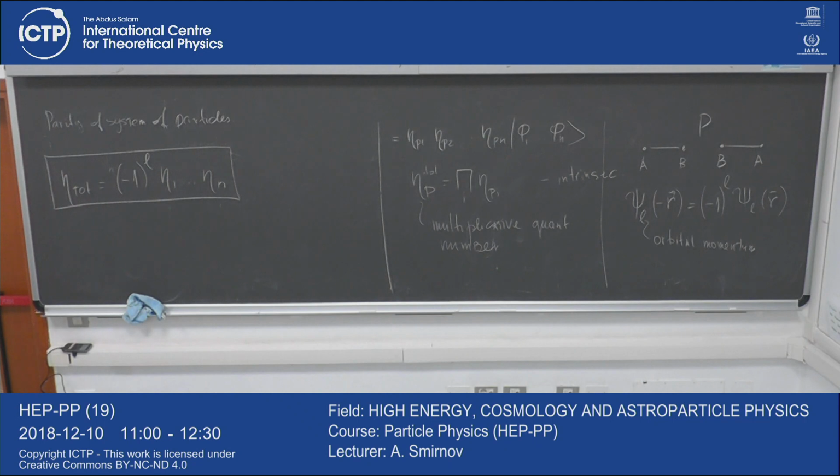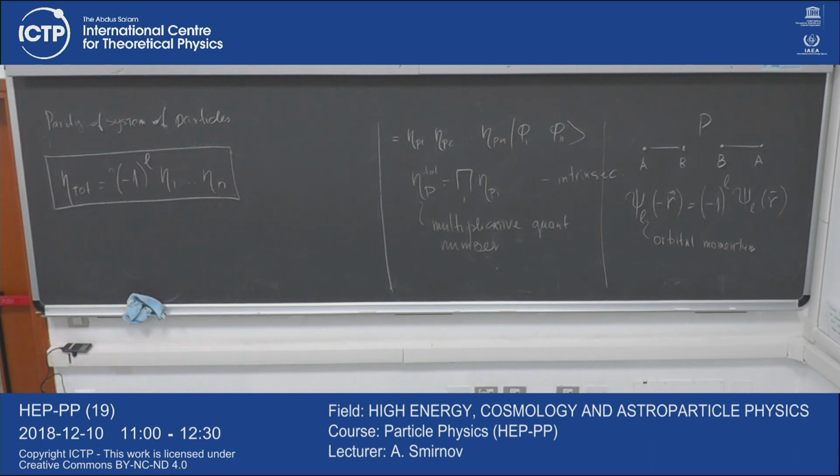So under this reflection, both the individual wave functions of particles in our system may acquire this parity factor, and also due to orbital motion, we change the wave function in coordinate space of this motion.